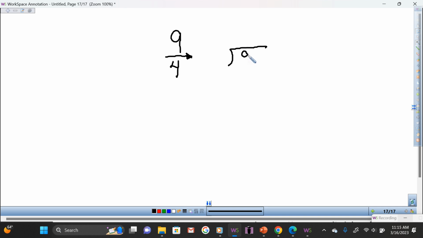Yes, the 9. Very good. And the 4, which is the divisor, goes out here. So here we go. What number times 4 gives me a number close to 9? 2. So 2 times 4 is 8. Let's subtract. So 9 minus 8 is 1.